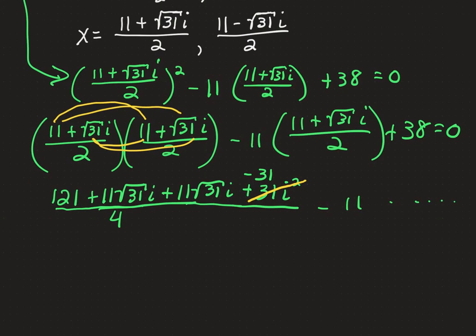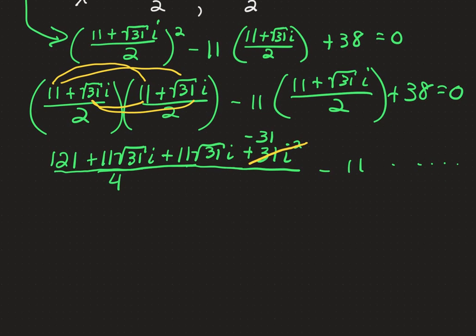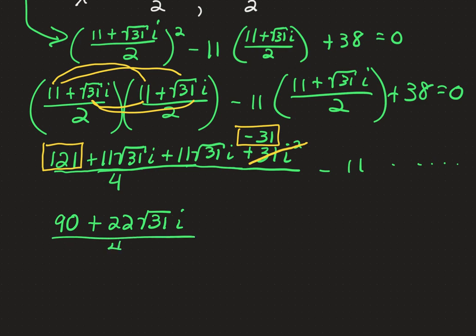Okay, I have to not forget the rest of that. But let's combine like terms in our numerator. What like terms do I have? I have 121, and I have a negative 31. So that's going to equal 90. Okay, and then plus 22 square root of 31i over 4.